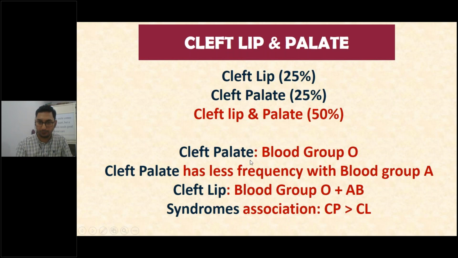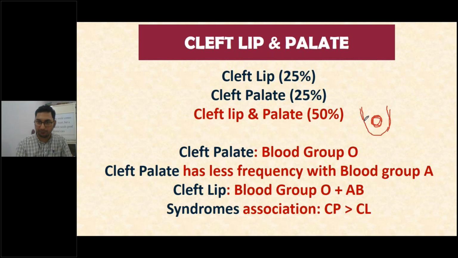So how will you remember this? If I draw a palate here and there is a cleft, it will look like an O. I'm just trying to make you learn; this is not the exact thing, of course it will not happen like this.